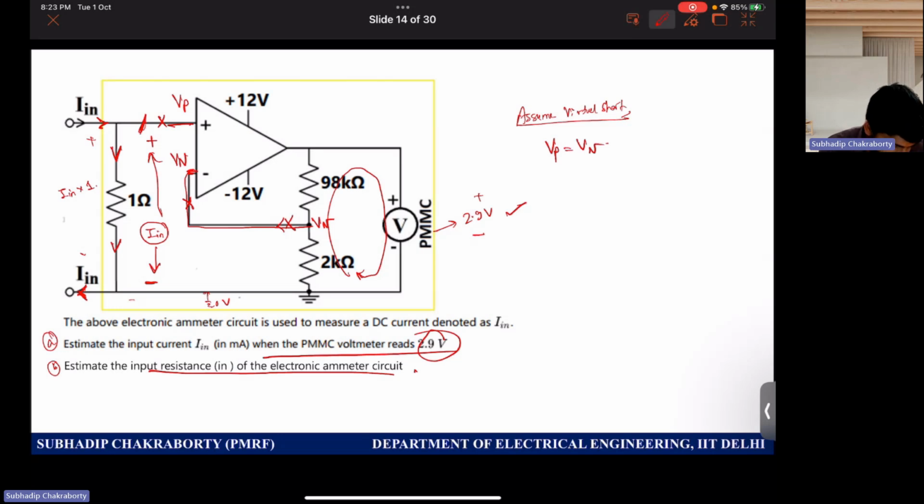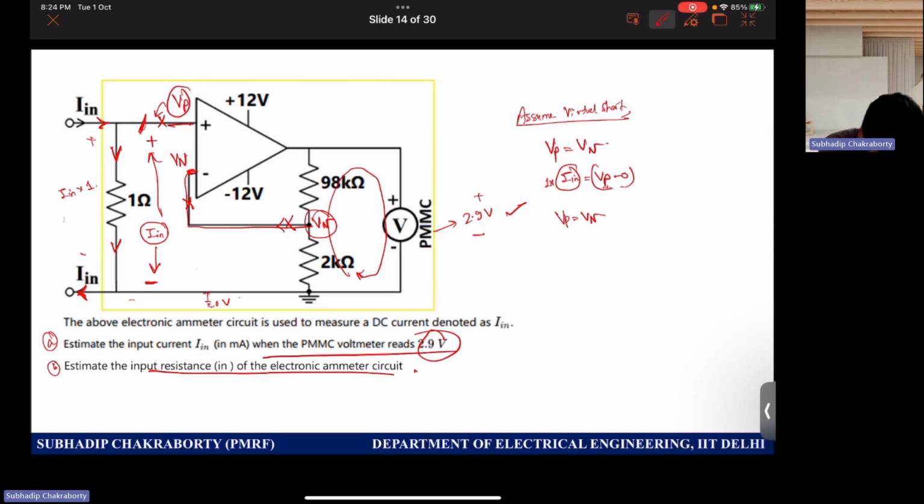So I need Vn because I in is nothing but Vp, because this potential is Vp, right? So Vp minus 0 volt is nothing but I in, 1 into I in. So now what I can write, I need Vp, and Vp is nothing but Vn. So Vn can be calculated.